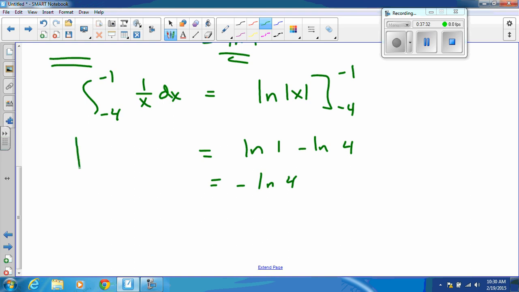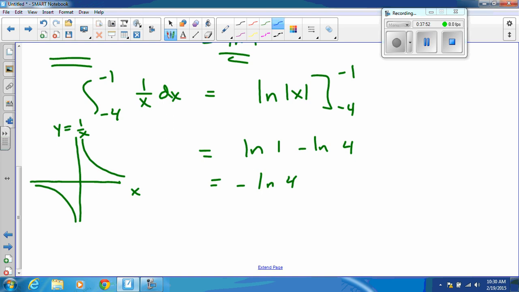Why did it happen? Let's take a look at the graph, not of ln, but of 1 over x. When I look at the graph of y equals 1 over x, of course I get the familiar hyperbola with a vertical asymptote at x equals 0.